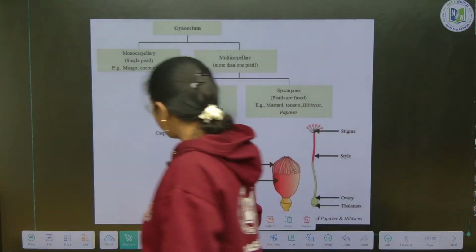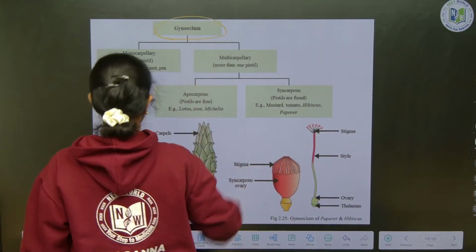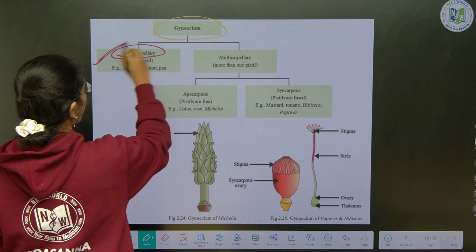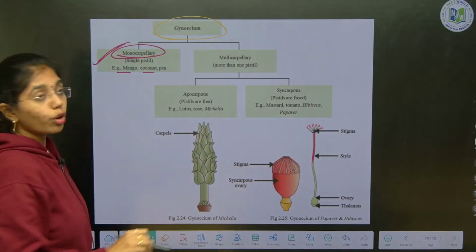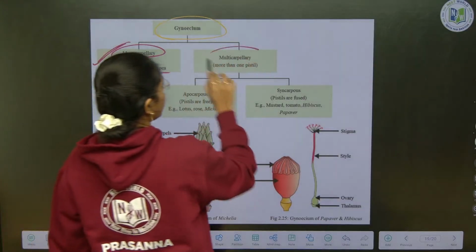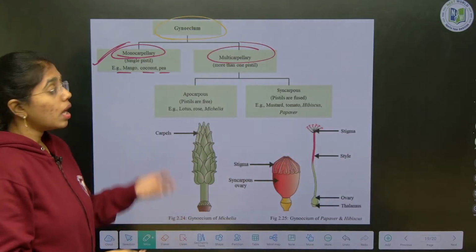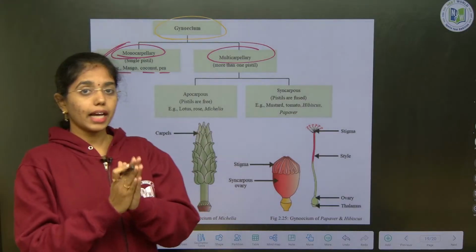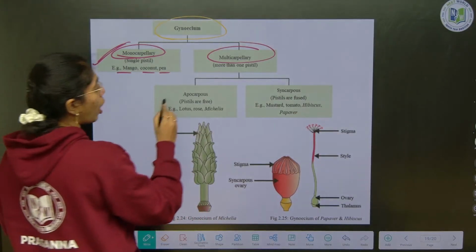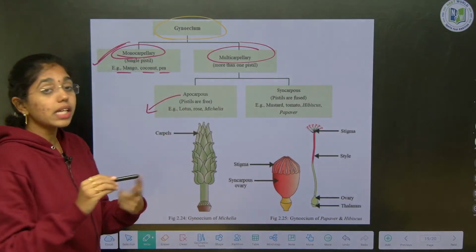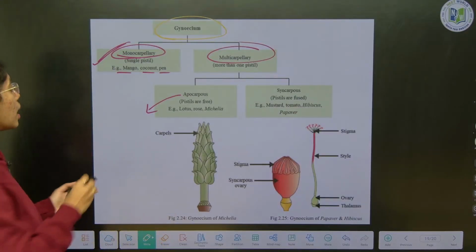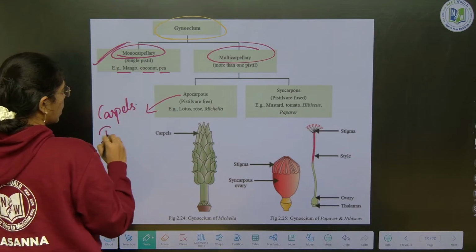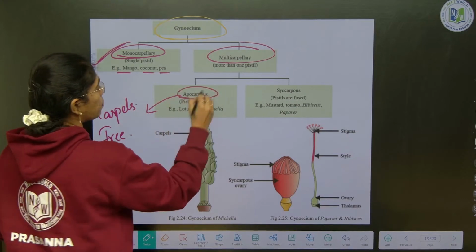Here we go, beta. First is gynoecium or pistil. It can be monocarpellary or multicarpellary. Monocarpellary examples include mango, coconut and pea. Multicarpellary has many carpel units, which can be arranged as free or attached to each other. If pistils or carpels are free, this is addressed as apocarpous condition.